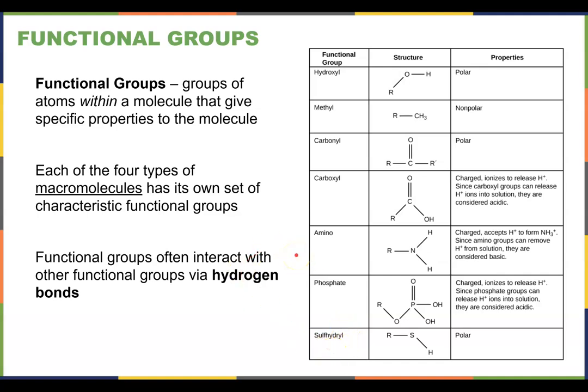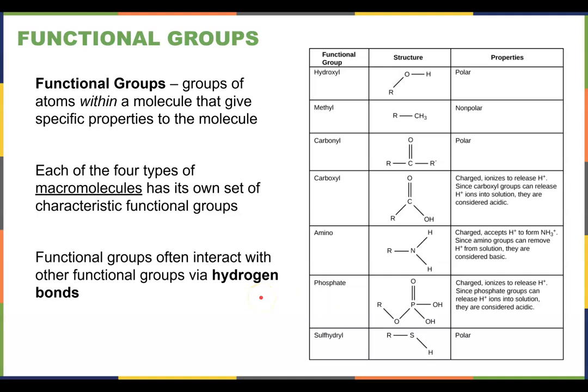Each of the 4 types of macromolecules, so carbs, proteins, nucleic acids, lipids, they all have their characteristic functional groups. So, for example, proteins, they have a lot of amino groups. DNA and nucleic acids have a lot of phosphate groups in them. And so you're going to have different ratios based on different macromolecules.